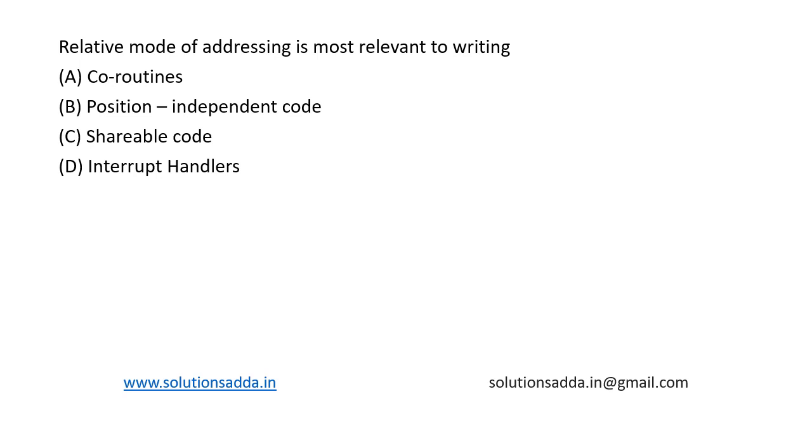So the effective address, EA, is equal to the value of program counter plus the operand part, where PC is the program counter register value. Therefore, relative mode of addressing is most suitable for writing position independent code. So the correct option is option B.